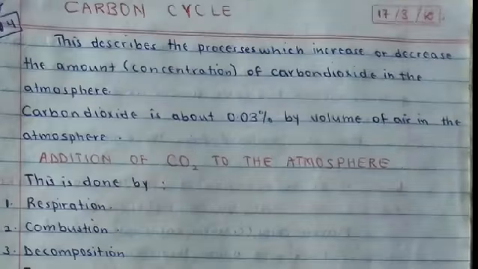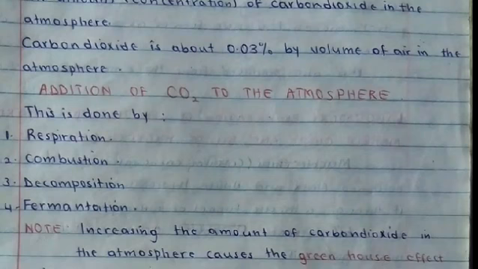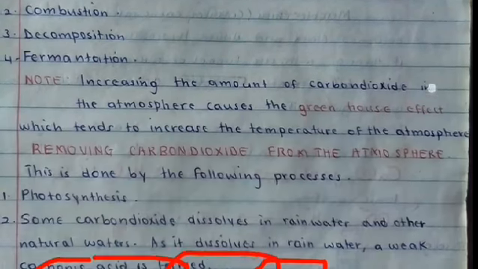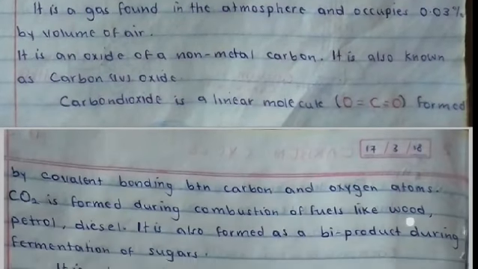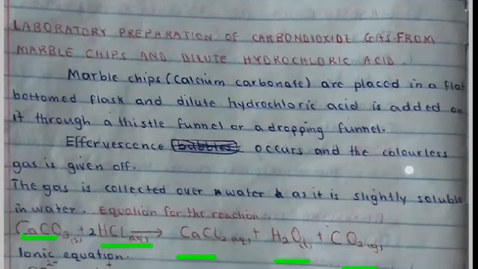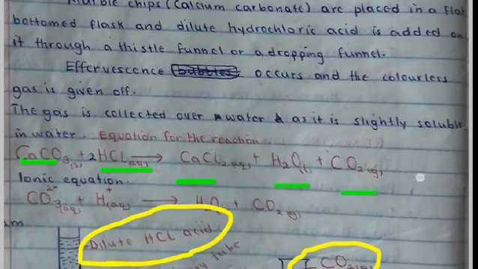So in today's lesson, we have seen what the carbon cycle is. We have seen the processes which add carbon dioxide to the atmosphere and the ones that reduce carbon dioxide from the atmosphere. We have also seen how carbon dioxide gas is prepared in the laboratory from marble chips and dilute hydrochloric acid.